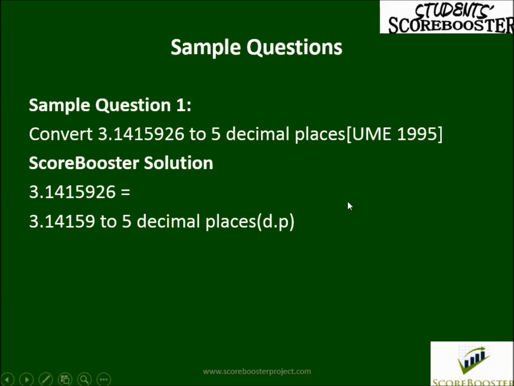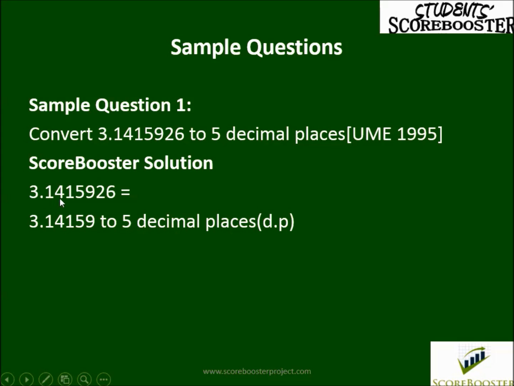Convert 3.1415926 to 5 decimal places. This question is from UME 1995. So the score booster solution is 3.1415926, simply the question that has been written. Now to 5 decimal places means you have 5 numbers after the decimal point.